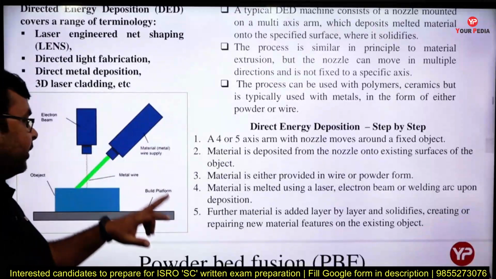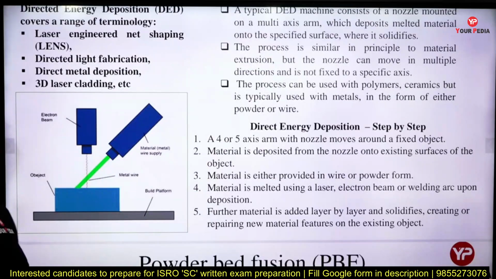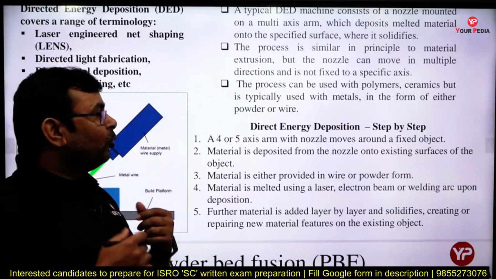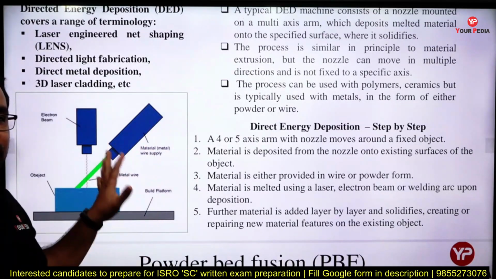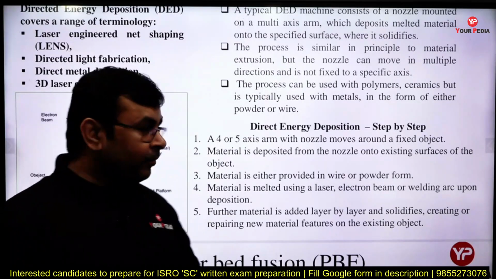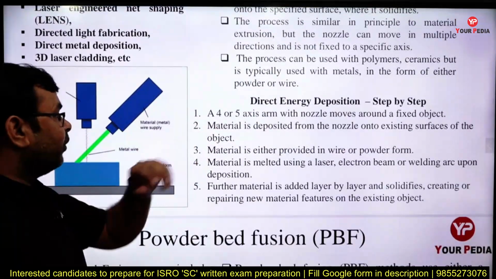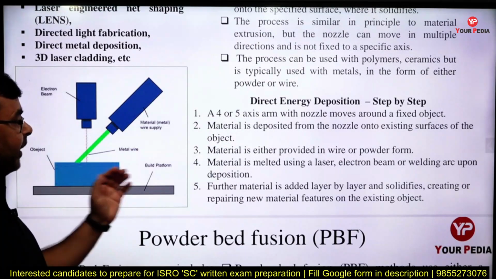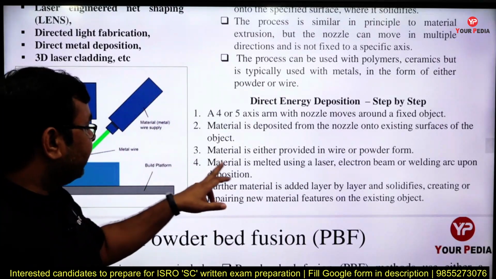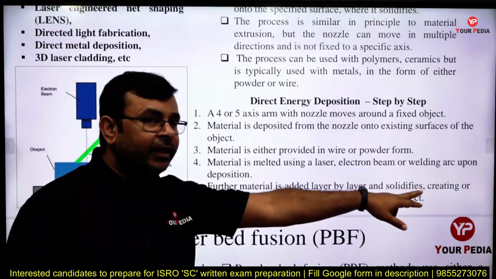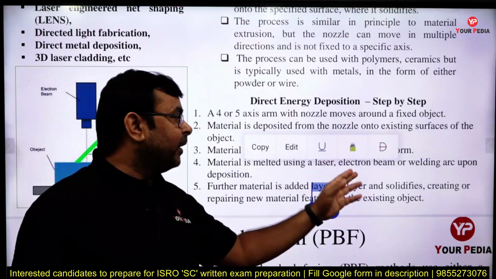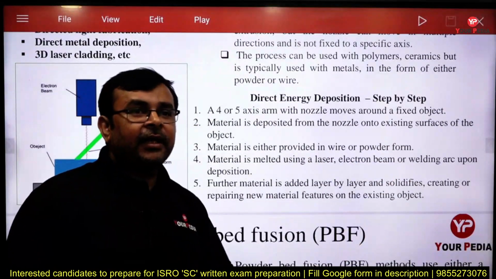Now if we talk about the steps followed for making a component, a 4 or 5 axis arm with nozzles moves around a fixed object. In this technology we mainly use robots. Material is deposited from the nozzle onto the existing surface of the object. Material is provided either in the form of wire or powder, as we already told you, and the material is melted using a laser, electron beam, or welding arc as the heat source.